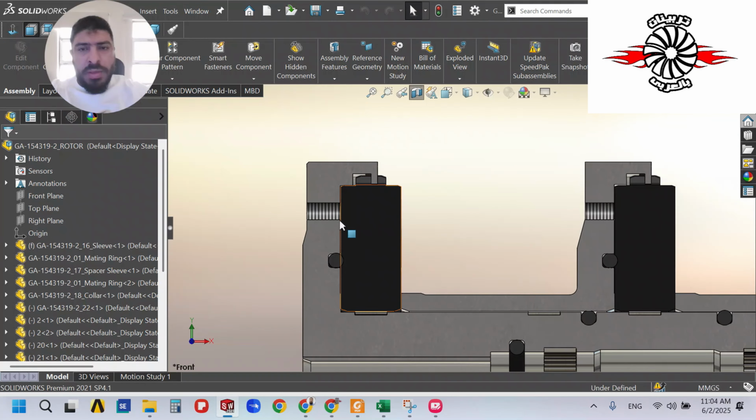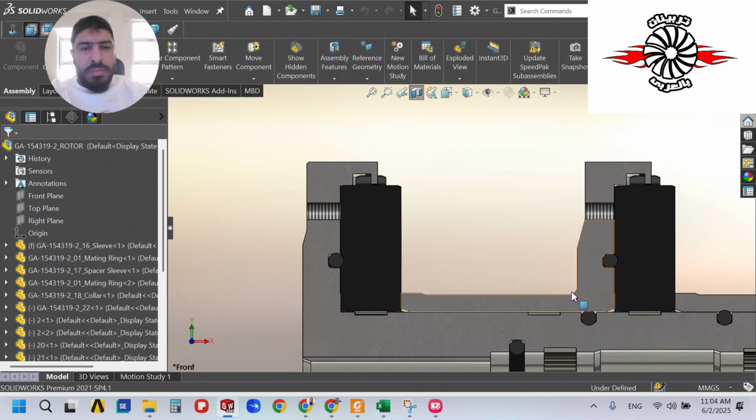As you can see here, this is our shaft sleeve. After that, we can find the mating ring, and before and behind the mating ring we have our O-ring, to prevent any gas escaping between the mating ring and the shaft sleeve.